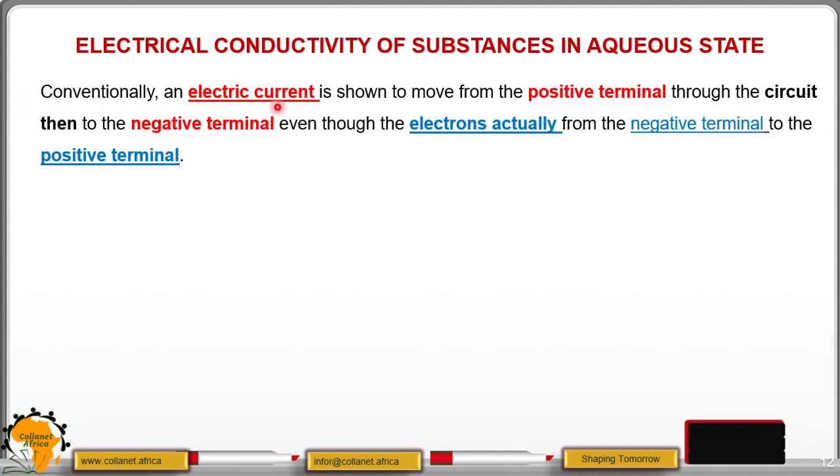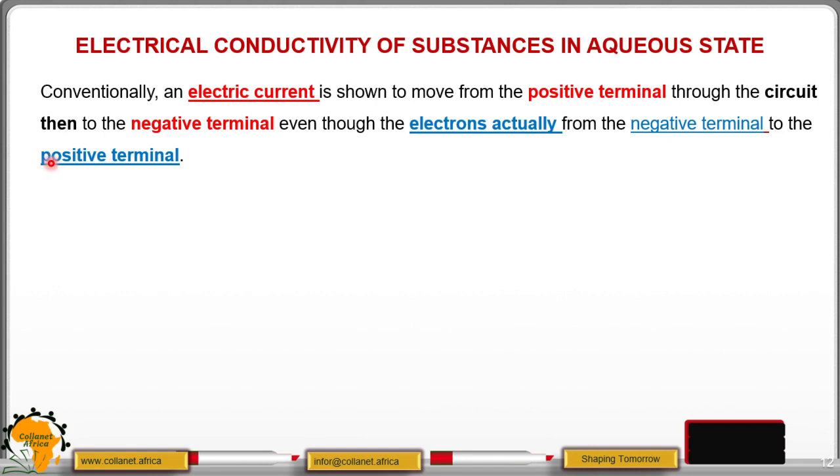Conventionally, an electric current is shown to move from the positive terminal through the circuit to the negative terminal, even when the electrons actually move in the other direction, from the negative terminal to the positive terminal.